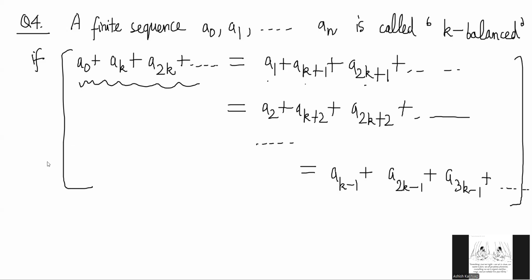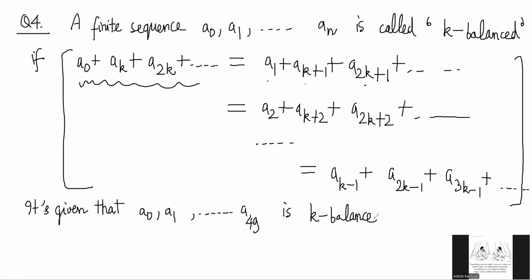Okay, so the question is saying that it is given that A0, A1 till A49, this sequence is K-balanced for K equal to 3, 5, 7, 11, 13, and 17.